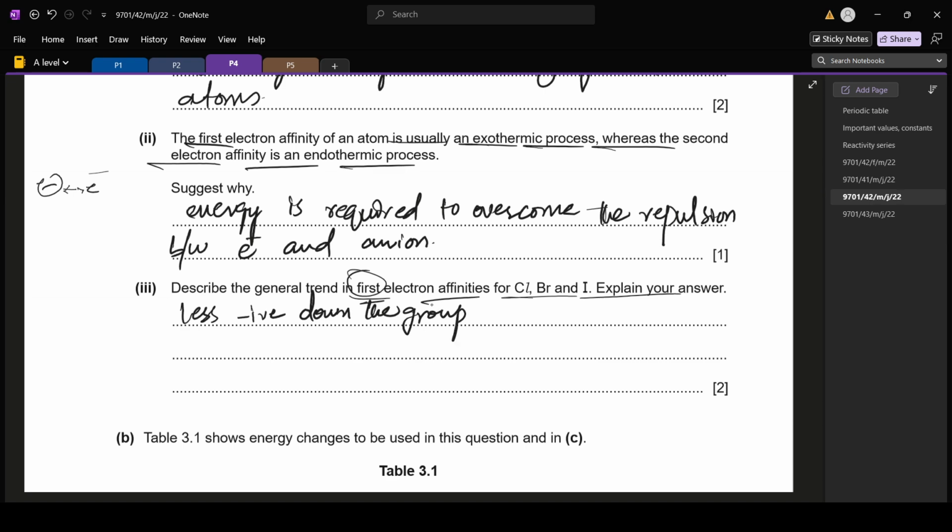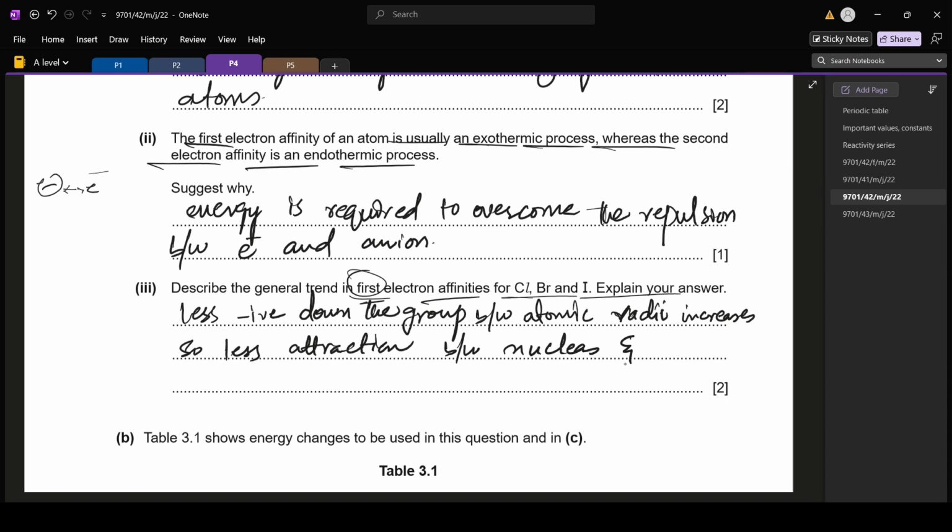Why? Because atomic radius increases, so the shielding factor increases, so there is less attraction between nucleus and incoming electron.